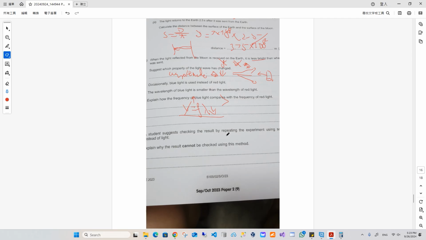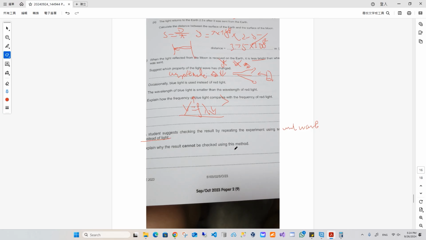Suggest checking the result by repeating the experiment using sound wave instead of light.